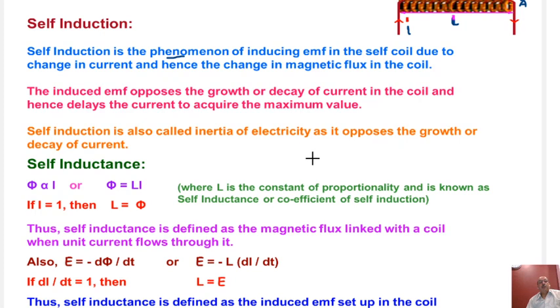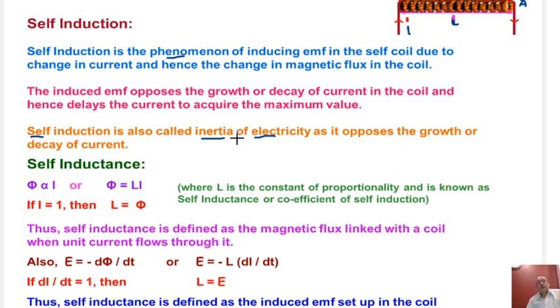The induced EMF opposes the growth or decay of the coil current and hence delays the current in acquiring the maximum value or the minimum value. So self-induction is called the inertia of electricity. As we know, if any object is in motion, it will remain in motion until there is an external force.